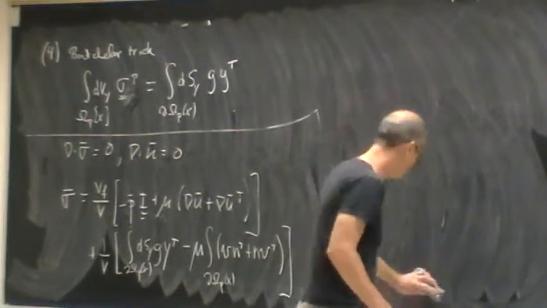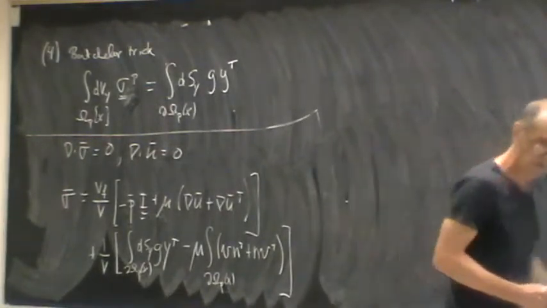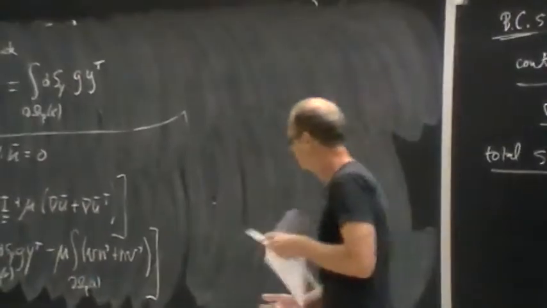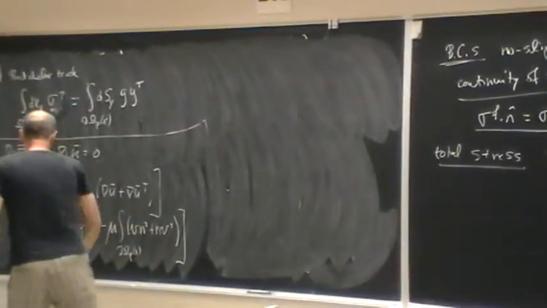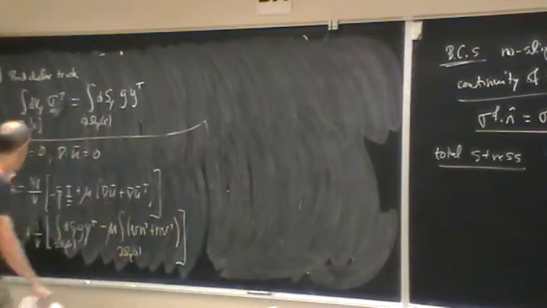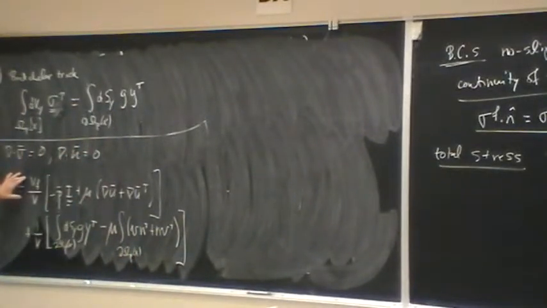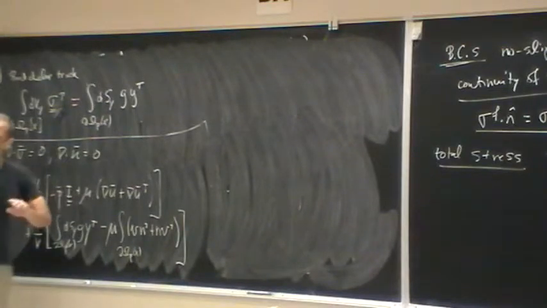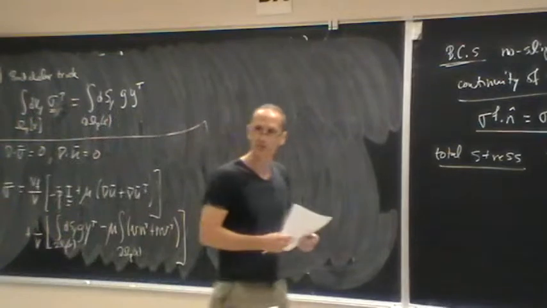Now, I've got about 45 minutes left. My point with this is that now I can write this. Notice I have this ratio of the fluid volume to the entire volume. If I have a dilute suspension, this is always very close to 1. It can also just be reabsorbed into a definition of pressure and viscosity.